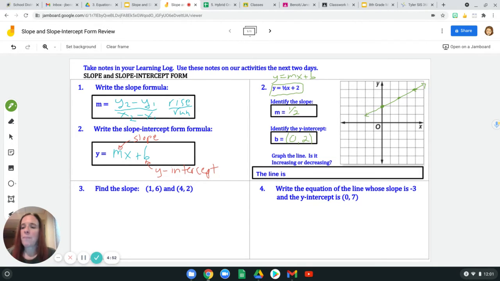Now, what can we say about this line? Let me get a text box in here. This line is increasing or decreasing? If you look from left to right, it starts low on the left and gets higher on the right. So this line is increasing.